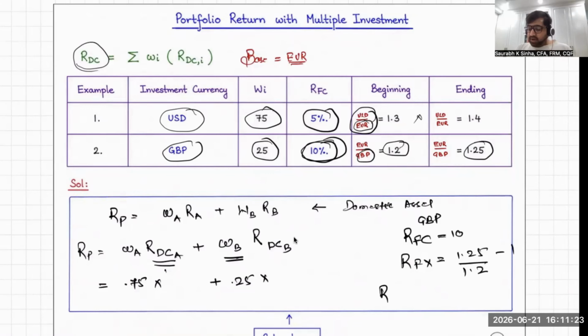So basically, if I have to convert this into RDC, that is 1.10 times 1.04167 minus 1. So the final value would be 14.583%.